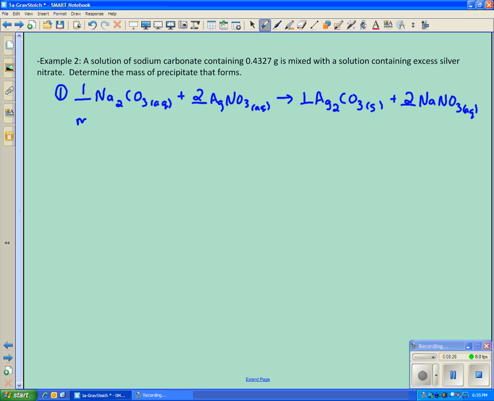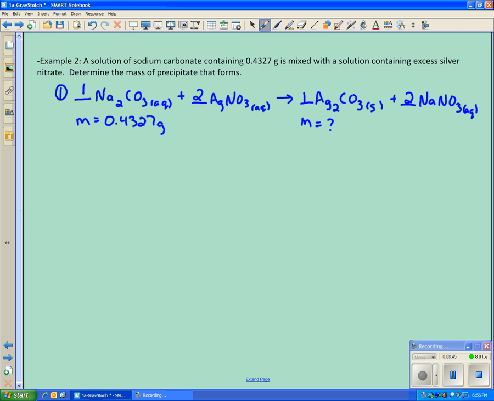We know the mass that's dissolved of the sodium carbonate, 0.4327 grams. It's asking to find the mass of the precipitate, and the precipitate is the solid, so we're looking for the mass of the silver carbonate.